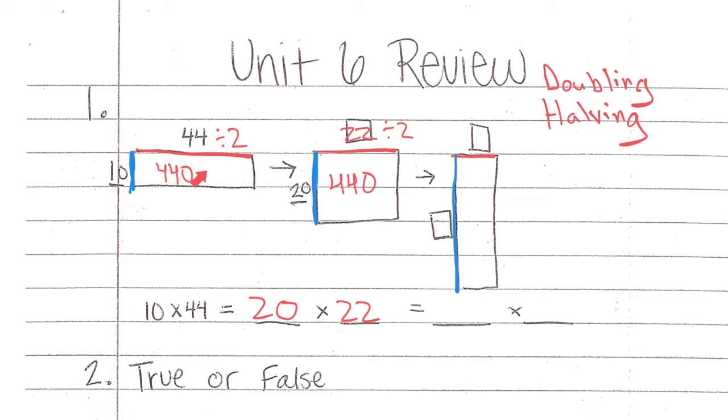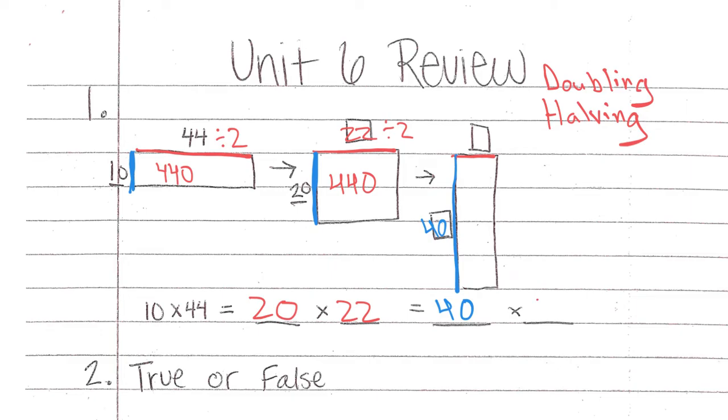So 10, if you double it, becomes 20. 20, if you double it, becomes what? Well, I'm hoping you're going to say 40, because 20 plus 20 is 40, and I'll put that here in the box. Keep your thought process going. 44, you cut it in half, that becomes 22. Cut 22 in half, what are you left with?